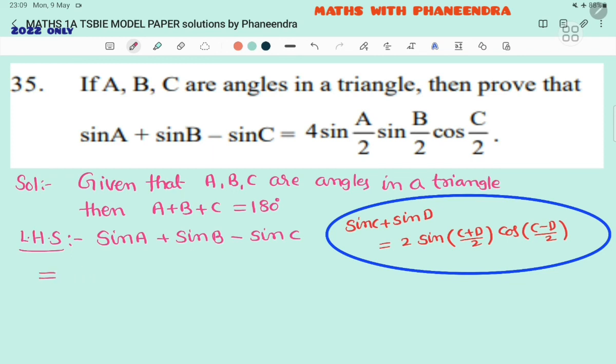So the first term becomes 2 sin of (A plus B) by 2 cos of (A minus B) by 2, minus sin C, which can be written in half angles by the formula as 2 sin C by 2 cos C by 2.